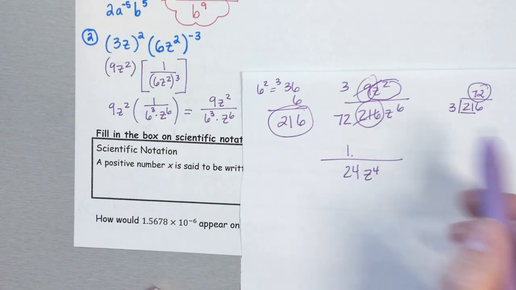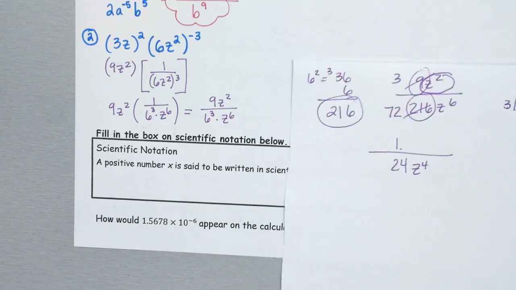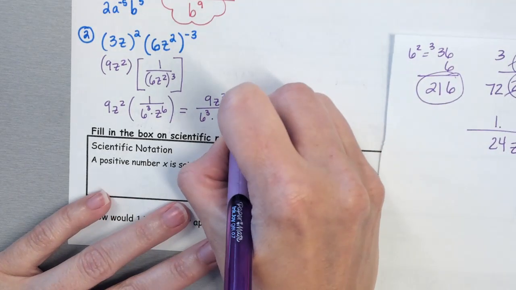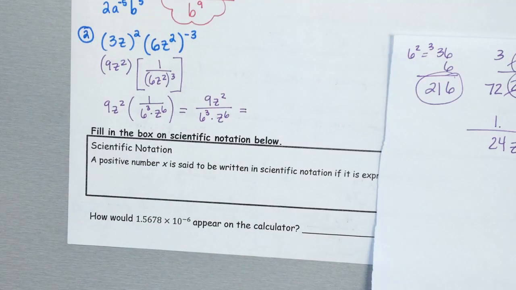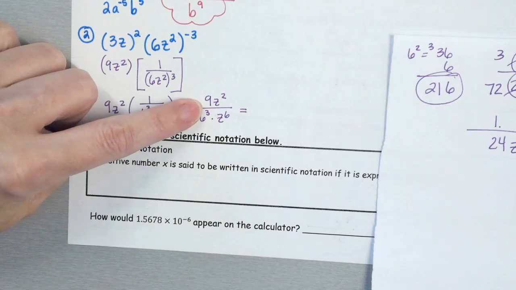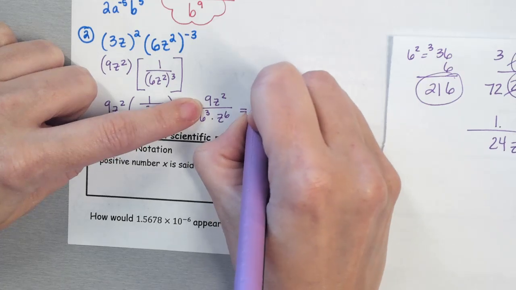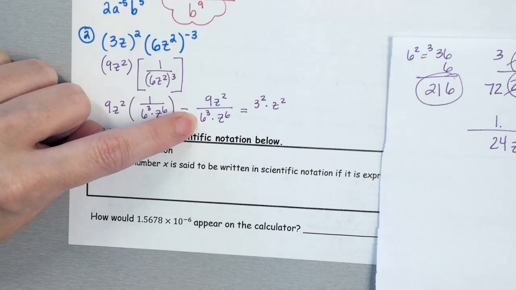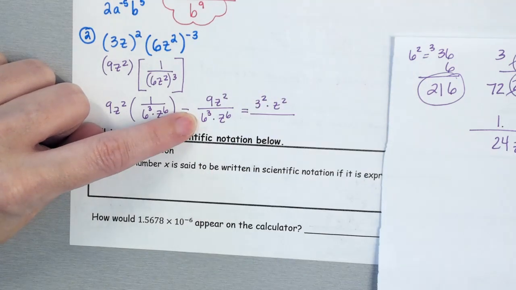Okay, and really that's not too bad, but another way you could think about it, and I'm going to show you this way so you can start thinking about powers. 9 can be written as 3 to the second power, right? And then if you have 6, isn't 6 just 2 times 3?